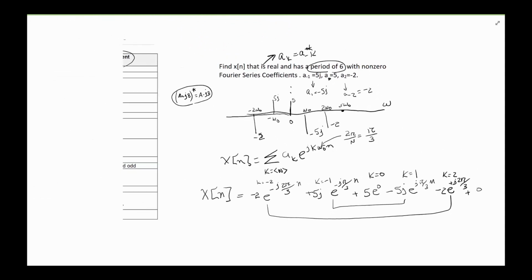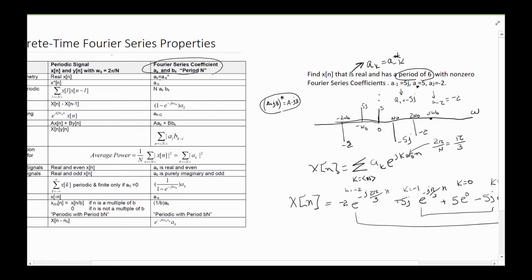So as you can see, we were able to use some of the properties, first of all, to recognize that the 3 coefficients they gave us are not all the coefficients, because of the fact that x is real. If I have a minus 1, I have a1 because it's just a conjugate of that. The same thing for a2. And then since the period was 6, I know that a of k is periodic with period 6.